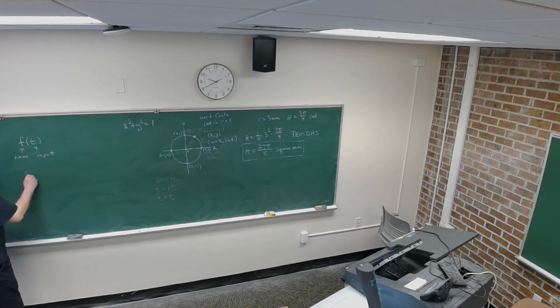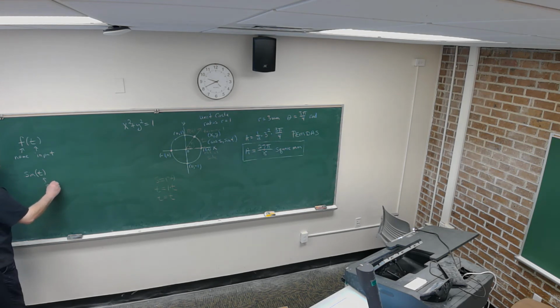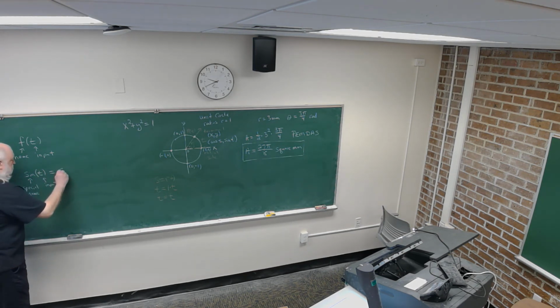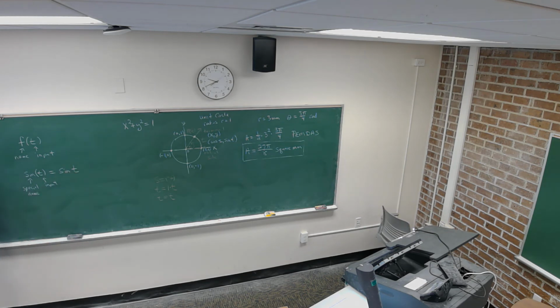So we could write the sine of t in parentheses, just like we write f of t with t in parentheses. t is the input, and sine is the special name of a function. But just like with the natural log function, we often drop the parentheses and just write the sine of t without the parentheses. And the same is true with cosine.